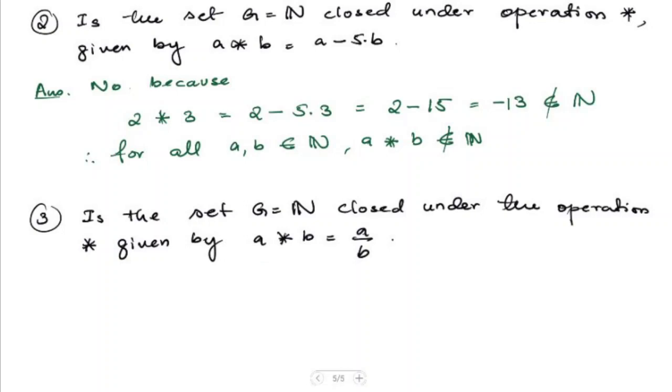That satisfies. But what if we take some other number, let's say 10 divided by 3, we don't get a proper natural number, right? We get a decimal number or a fractional number. So then this is not satisfying. The answer will not be an element of natural numbers. Okay, so again the answer is no here, and we would prove it by a particular example.